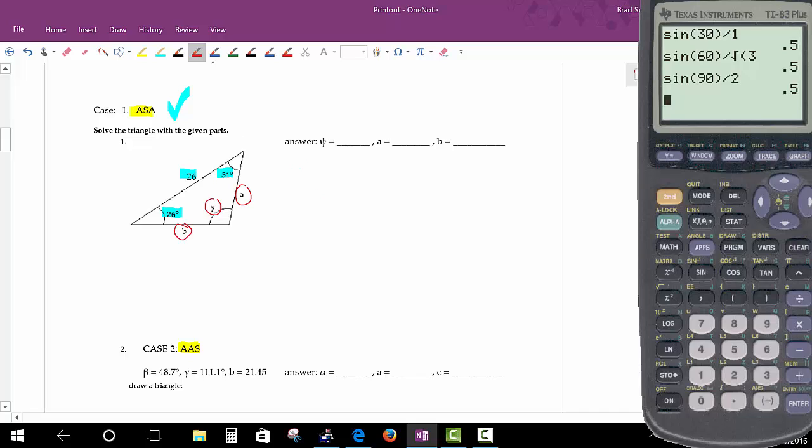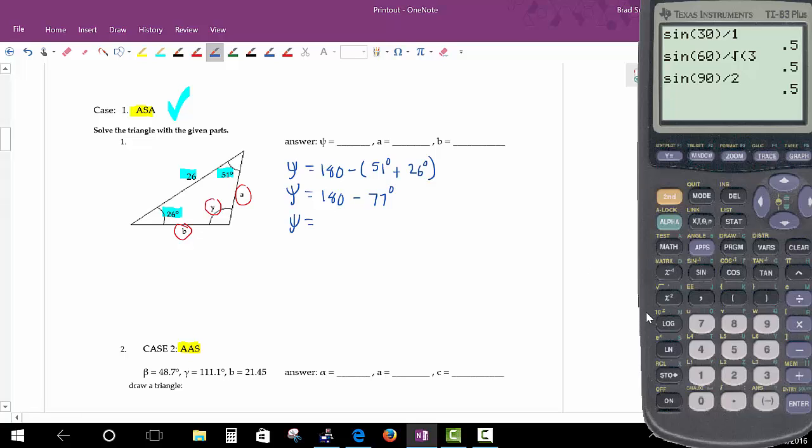The logical place to start on this problem would be finding angle gamma, because we know that all of the angles in any triangle are going to add up to 180. So I already know the other 2 angles, so I could just add those 2 together like this. So I would get gamma is equal to 180, and then if I add 51 and 26, I get 77 degrees.